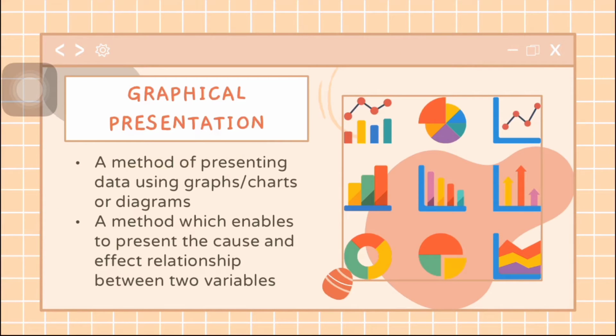The next method in presenting data is the graphical presentation. From the word graphic, it uses graphs, charts, or diagrams in presenting data. It is a method which enables us to present the cause and effect relationship between two variables.